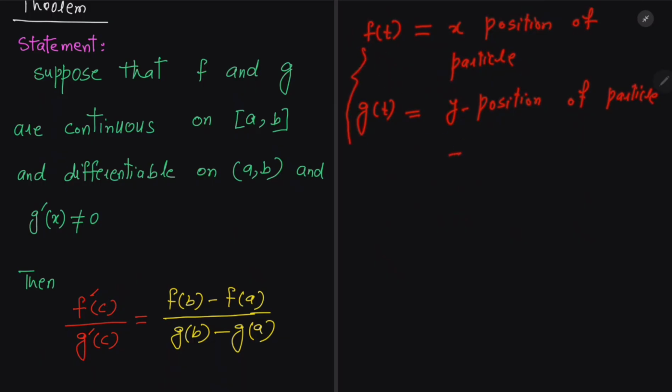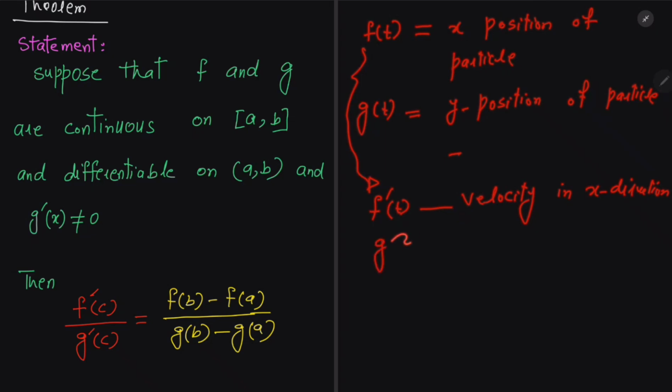When we differentiate f(t), we get f'(t), which is the velocity in the x direction.